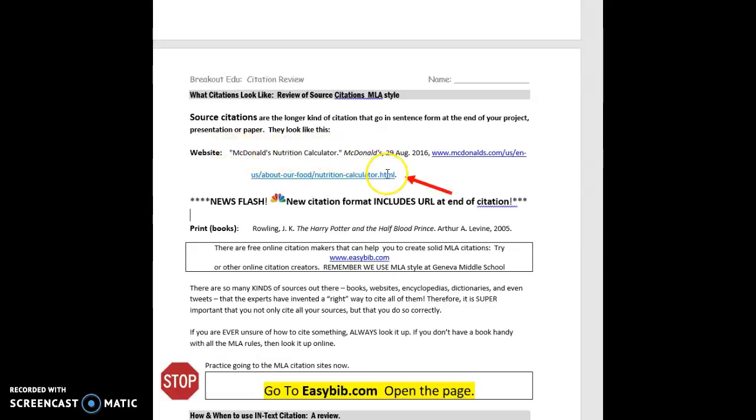This right here would be on my works cited page, and it tells me the name of the article because there was no author, the rest of the citation, and at the end of the citation I have the URL. Now newsflash, and I'll be telling you this at every station, URLs are now added at the end of a source citation on your works cited page because it makes it really easy for teachers if you're uploading your paper online.